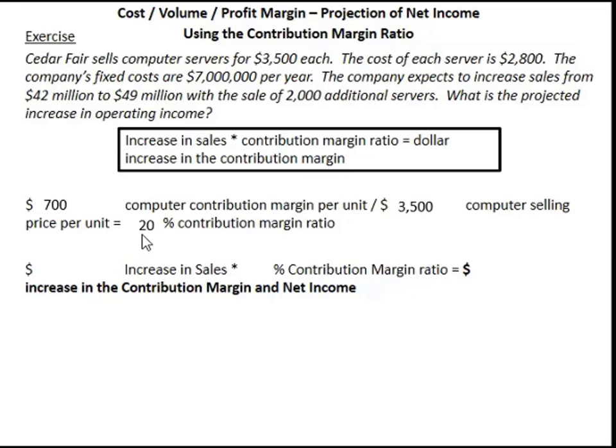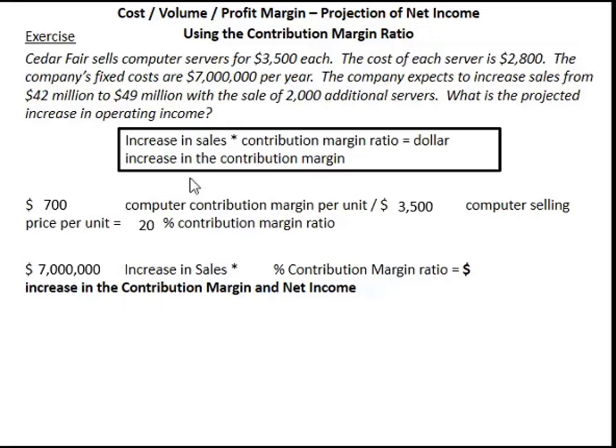In this case, the contribution margin ratio is going to be 20%. Now that we know our contribution margin ratio is 20%, we can apply any increase or decrease in sales, and based upon that contribution margin, we can predict what's going to happen in terms of the impact on our contribution, and therefore net income.